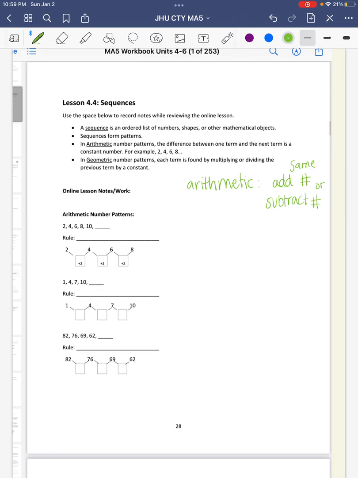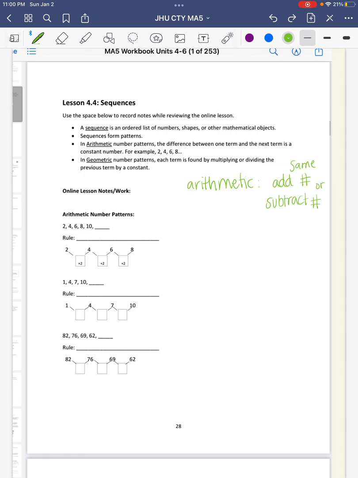Okay, so go ahead, use those notes online. Go through some of these, and I'll look at some of these patterns with you right here. So it says arithmetic number patterns, 2, 4, 6, 8, 10.